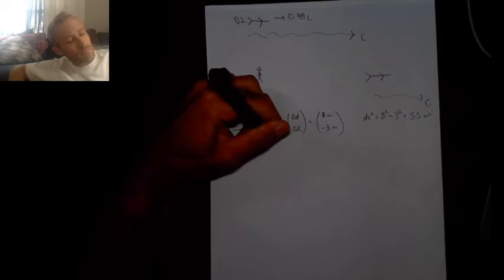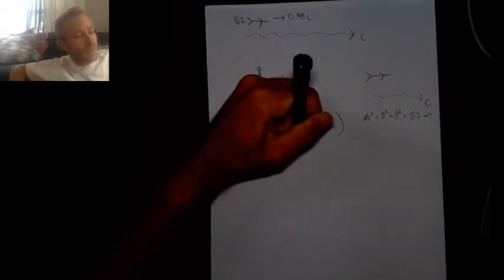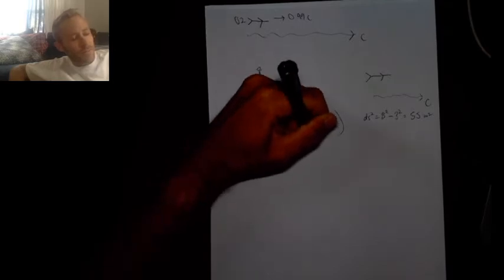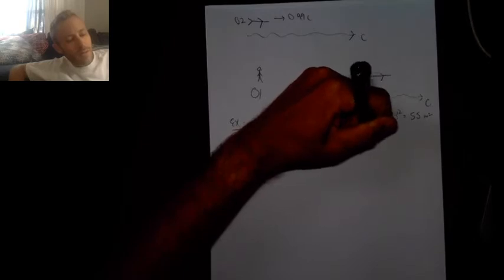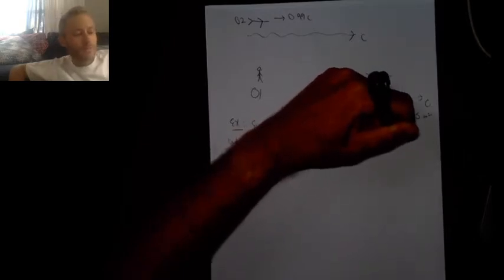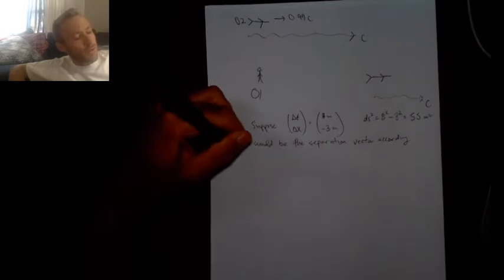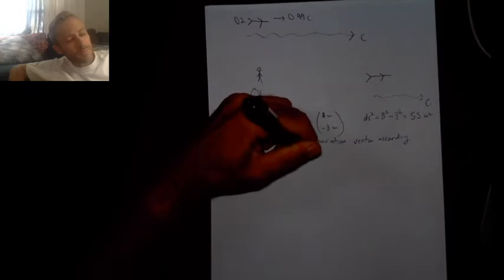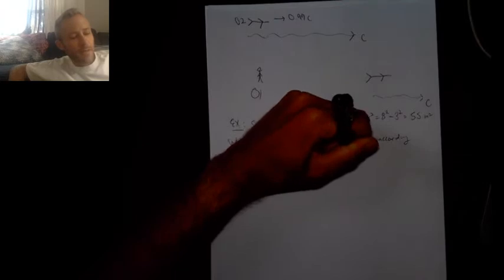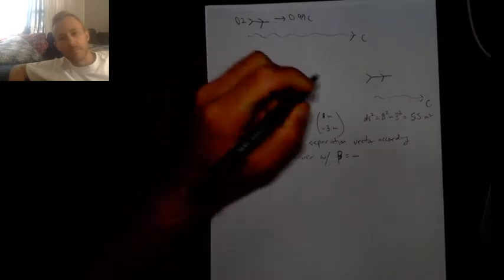What would be the separation vector according to another observer with velocity, I should say beta, equals minus 0.95?